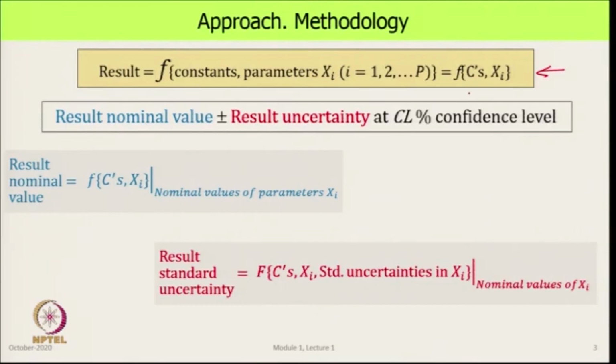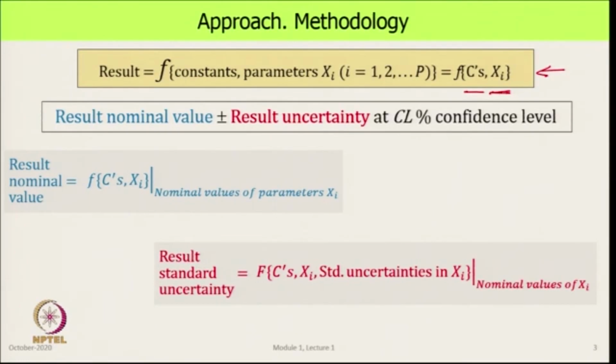So, it is a function of constants and parameters. The constants have no uncertainty associated with them. The parameters are measured, and each one of them has an individual uncertainty associated with it.